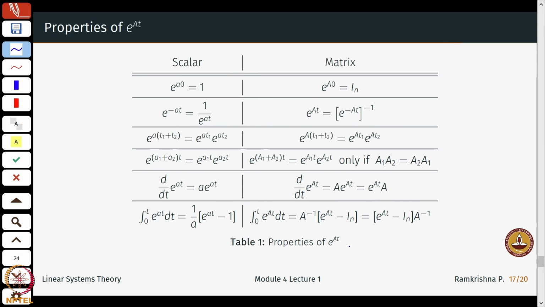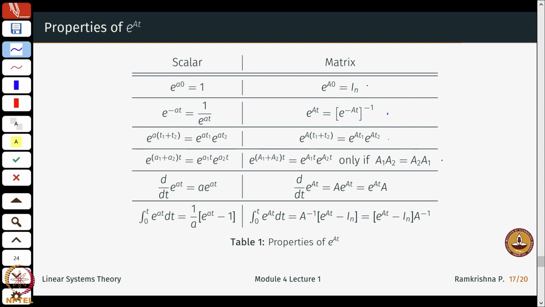Some little properties. At t equal to 0, e power At is of course the identity. I think all these are easy to prove. e power At is the inverse of e power minus At. This is also easy to prove. e power A(t1 plus t2) is e power At1 times e power At2. This looks like those laws of indices which we studied in high school.